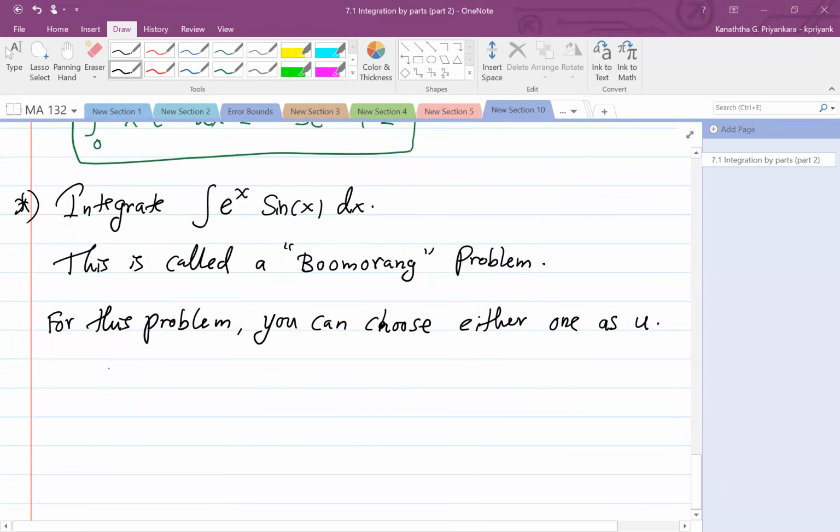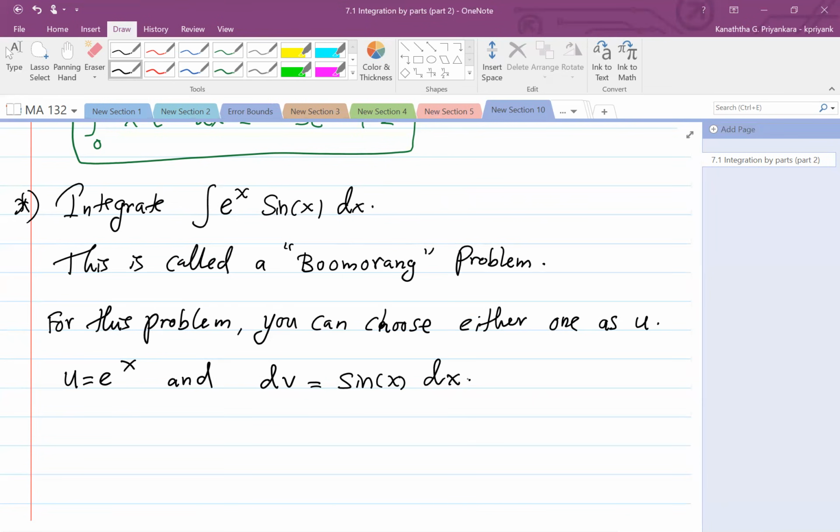So I'm going to use u equals e to the power x and dv as sine x dx. Next we need to compute du and v.